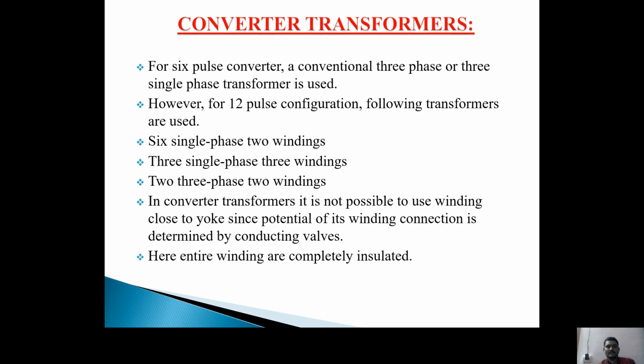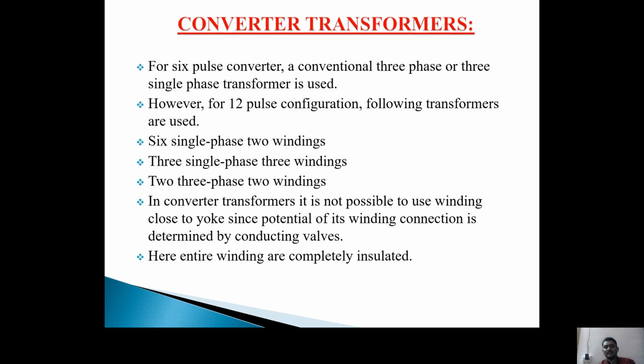Next, coming to the next concept, that is converter transformers. We discussed the converter concept and now we are moving to the converter transformers. For a 6-pulse converter, a conventional 3-phase or 3 single-phase transformer is used.